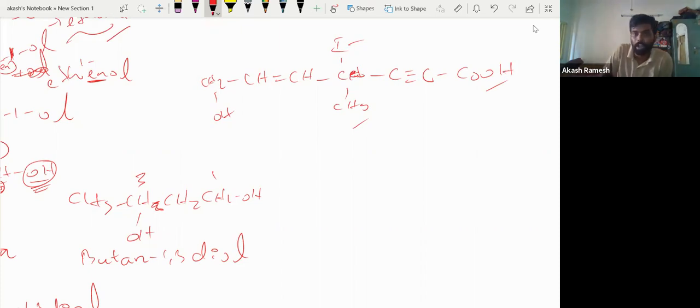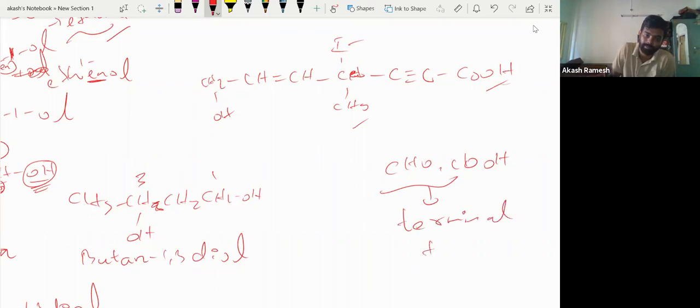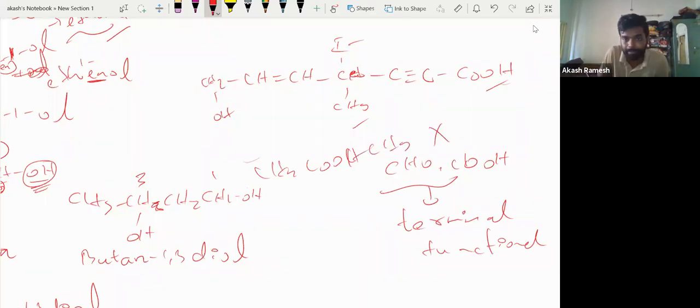Now the maximum priority goes to carboxylic acid. For CHO and COOH, these are terminal functional groups. What do you mean by terminal functional groups? They can come only at the end. You cannot have, say, CH3, COOH, CH3. This is absolute crap. Why?